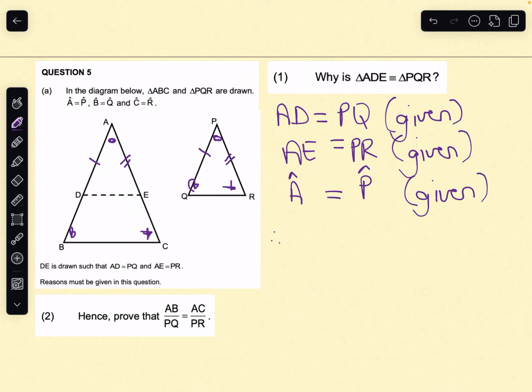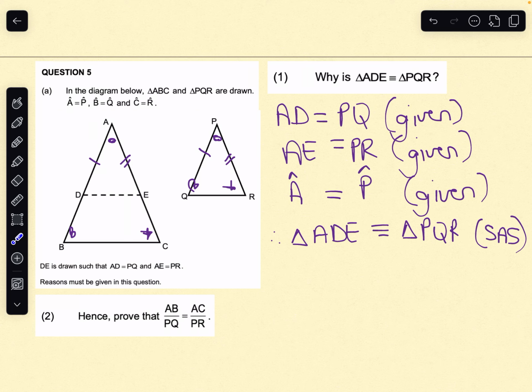And so therefore, triangle ADE is congruent to triangle PQR, and that is for the reason SAS. Okay, good. So we now know that this triangle is equivalent to this triangle over here.